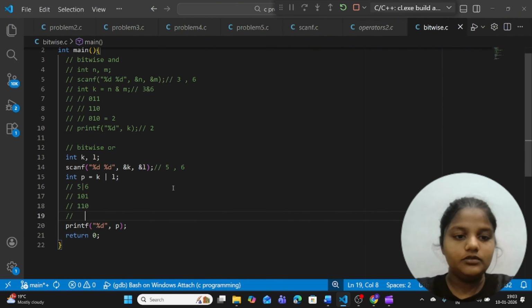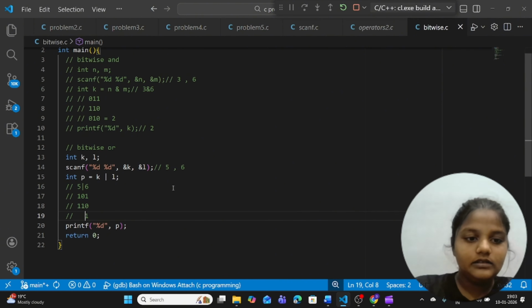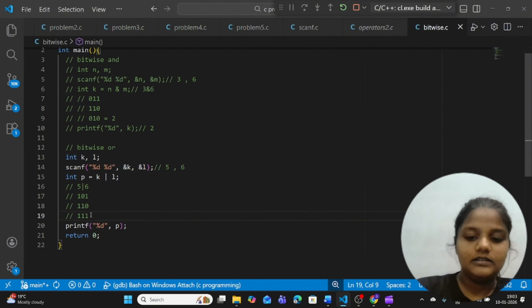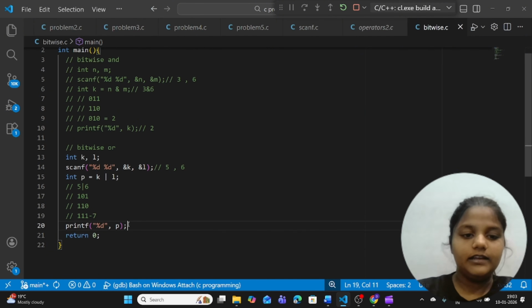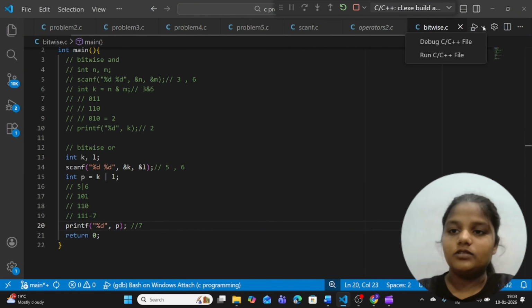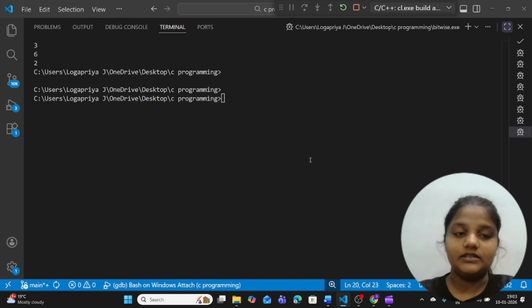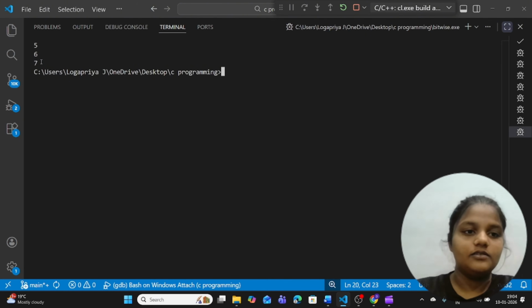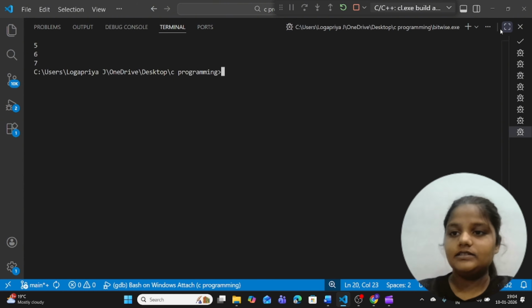So 101, then 110, then 111, right? So 111 means we will get 7 as output. Then in our output it will print 7, right? So let me run it. 5 comma 6, 5, 6, 7. Okay, we have got our answer 7.